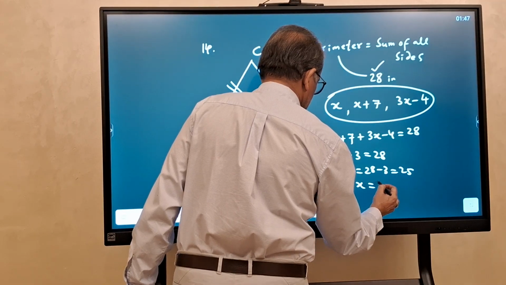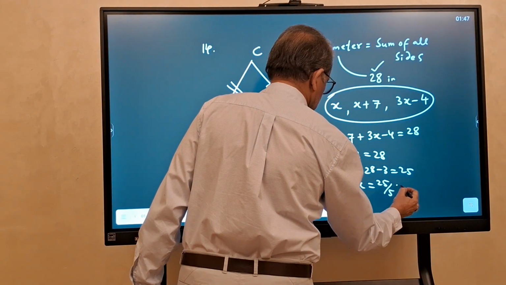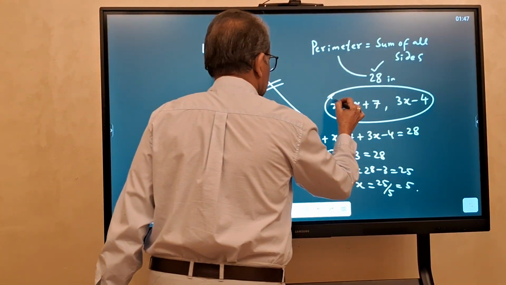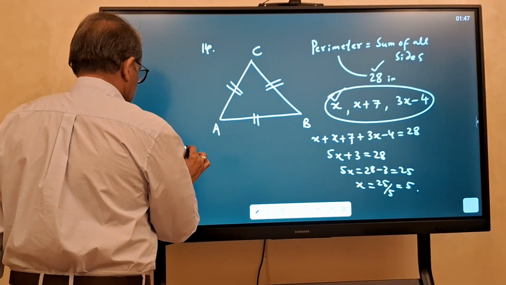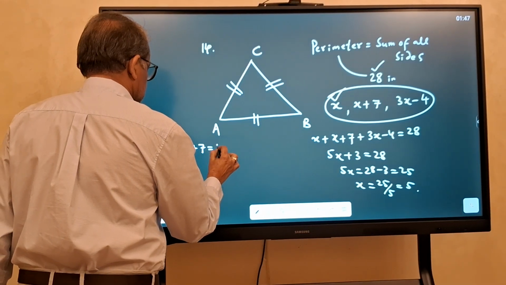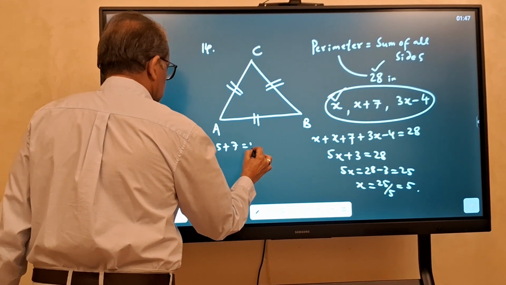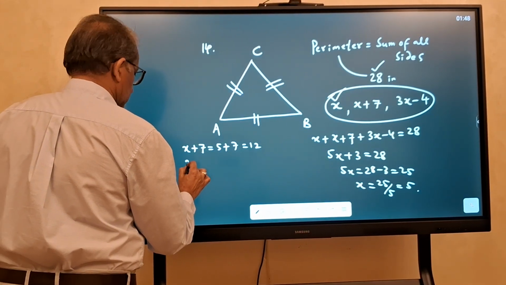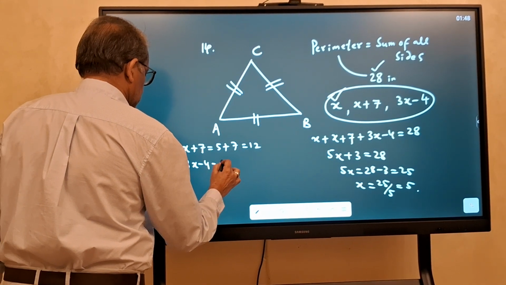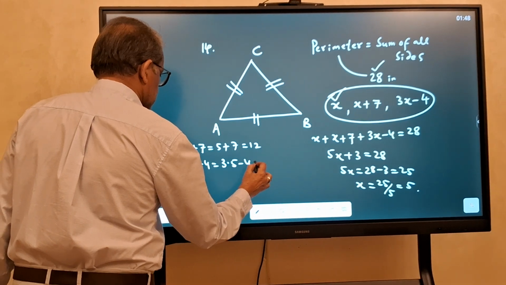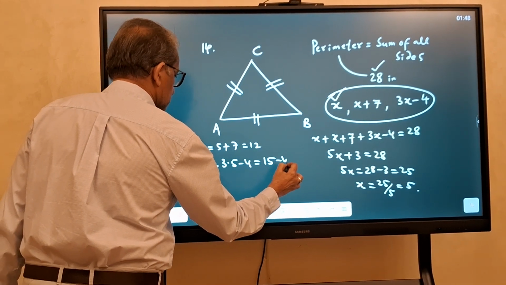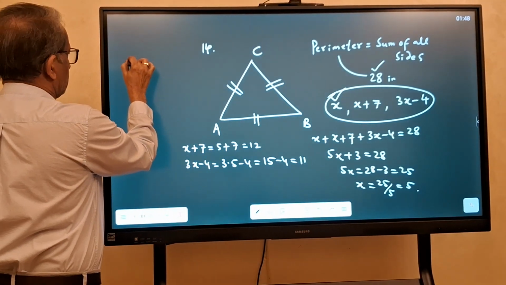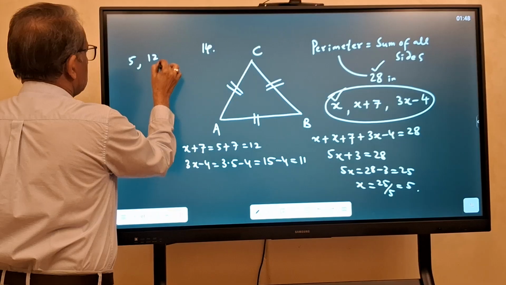So x is equal to 25 by 5, that is 5. So the first length is 5, the second length x plus 7, so 5 plus 7, that is 12, and the third, 3x minus 4, that is 3 into 5 minus 4, that is 15 minus 4, that is 11. So the lengths of the sides are 5, 12, 11.